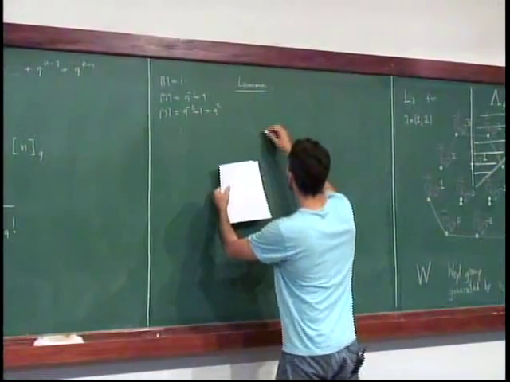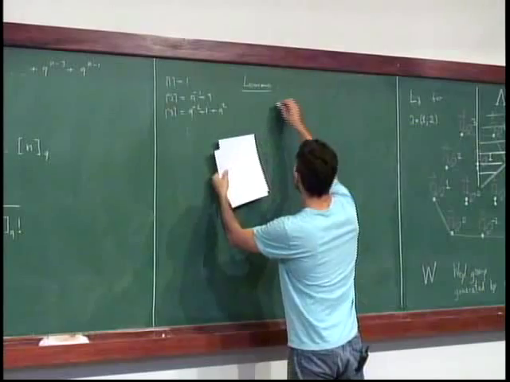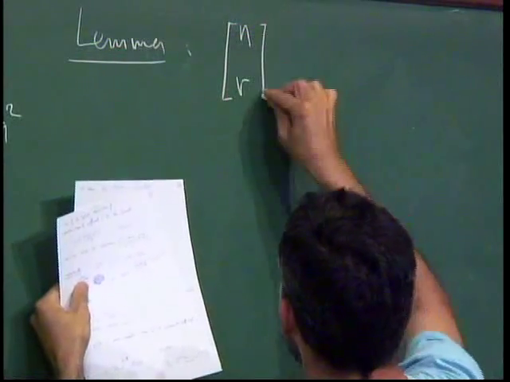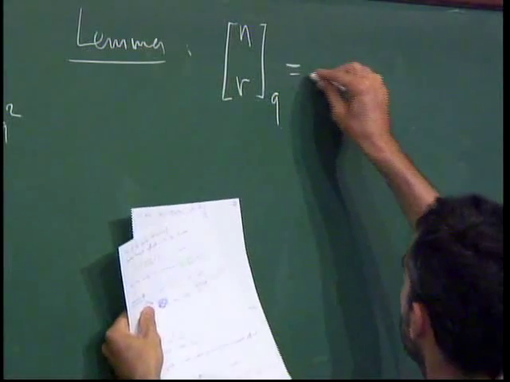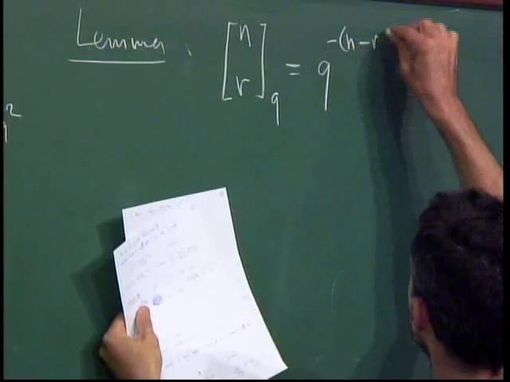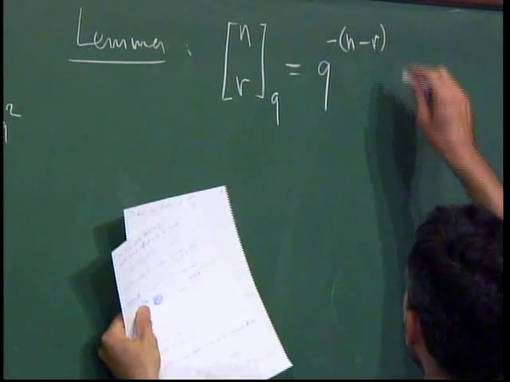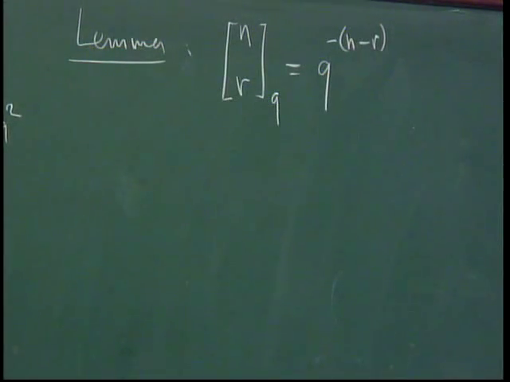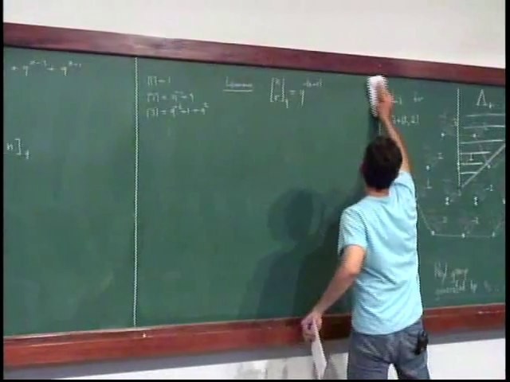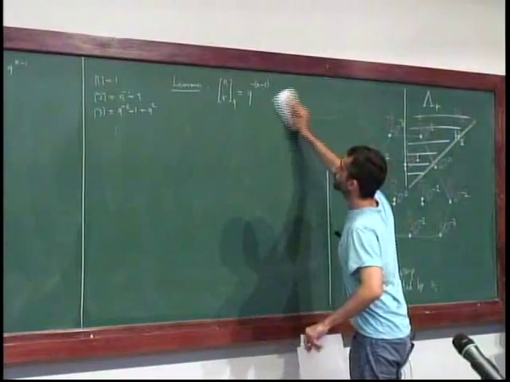And there's a q analog, which is that n choose r equals q to the minus n minus r. Let's see, I don't have very much space. I'll make some more space.